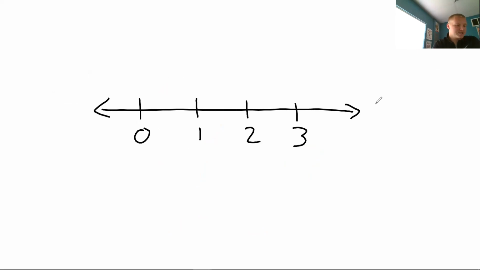So I just need to plot 3 on the number line because x equals 3. That's it. If it wants you to graph it on a number line, that's all you're going to do. You're going to have your x equals 3 right there.